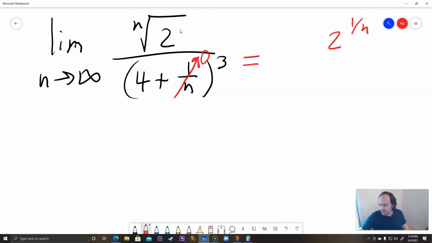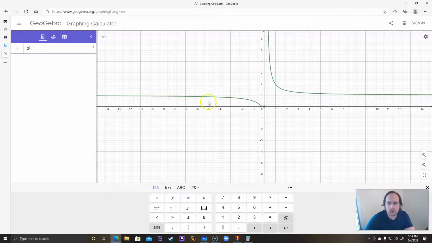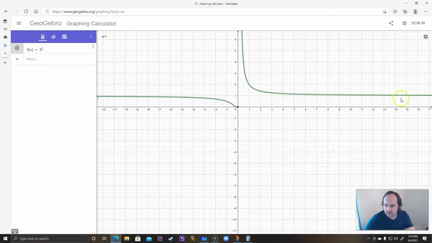So the function I want to look at is 2 to the 1 over x, so we can see that. Okay, so what's 2 to the 1 over x going to look like? 2 is our base, then I press the exponent button, and then I type in 1 divided by x. And then we want to see what 2 to the 1 over x does as x goes to infinity.